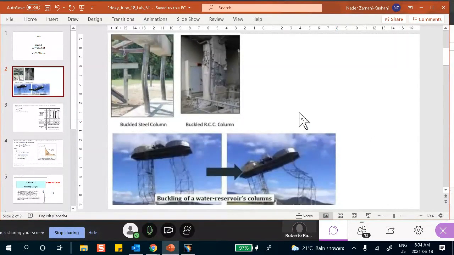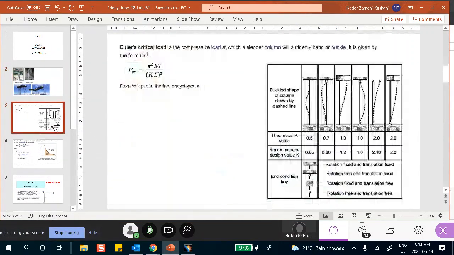Now, the first time you saw this thing was in, I think, Dr. Green's class, which was under buckling of beams. There is a very well-known work by Euler, which says that if you have a beam, let's not worry about how it's supported.